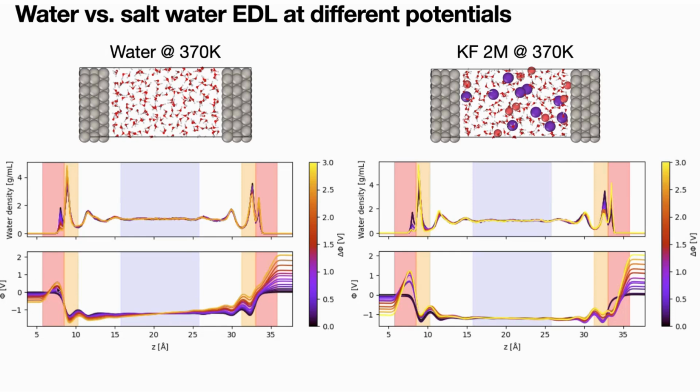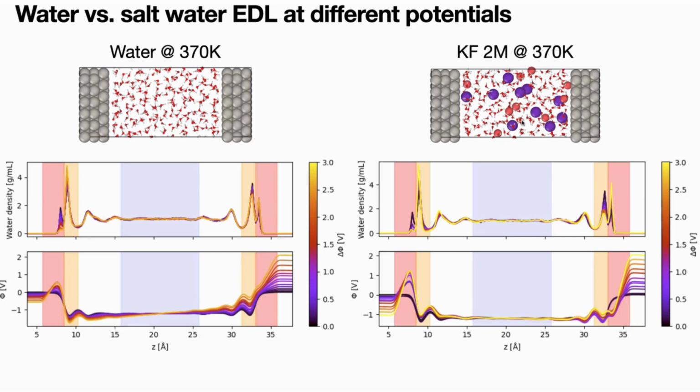Most of the change is happening in the electric double layer region, consistent with the classical picture. For water, because it's a dielectric, in the center you have a small slope of potential drop, indicating a finite electric field in the system. The external potential would also alter the distribution of the chemisorbed layer and physically absorbed layer.